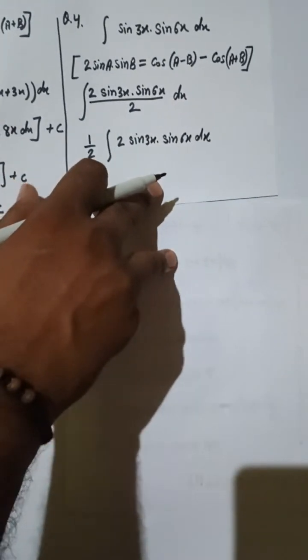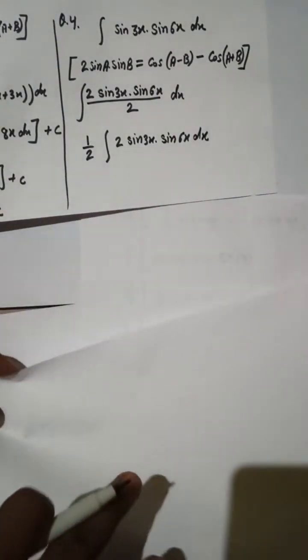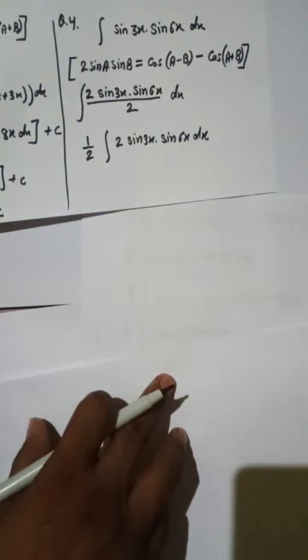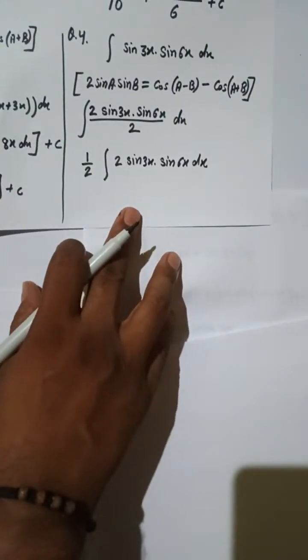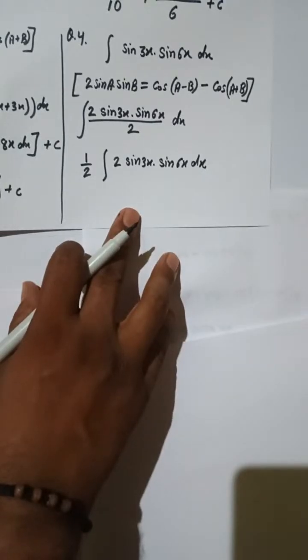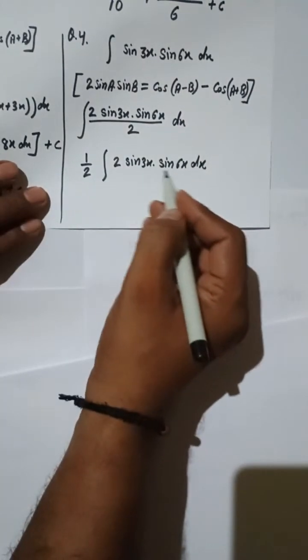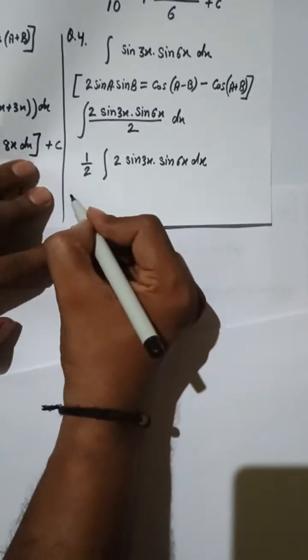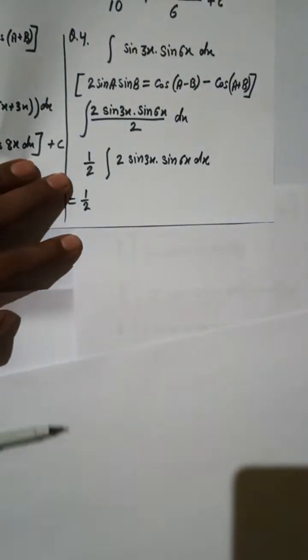You can ask me if you have any kind of doubt. We are going to solve here. This is 2 sin 3x sin 6x, so that will be 1 by 2, and we are going to transform here.